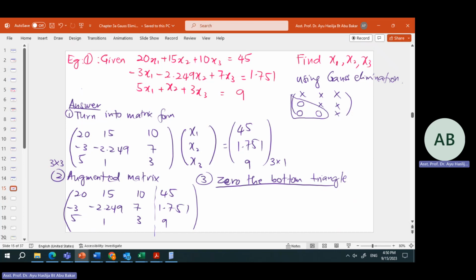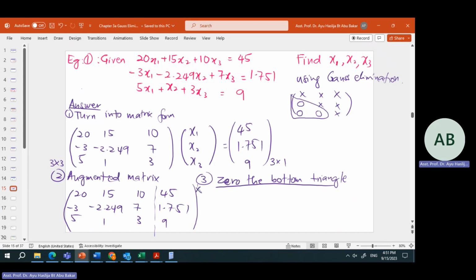Okay, this part is a bit tricky because you need to find the factor on which row, which column to use. All of you had done Gauss elimination, so I don't need to go into so much detail. I just need to refresh.